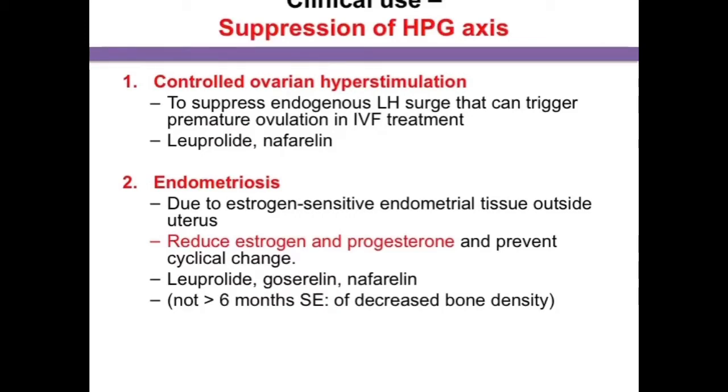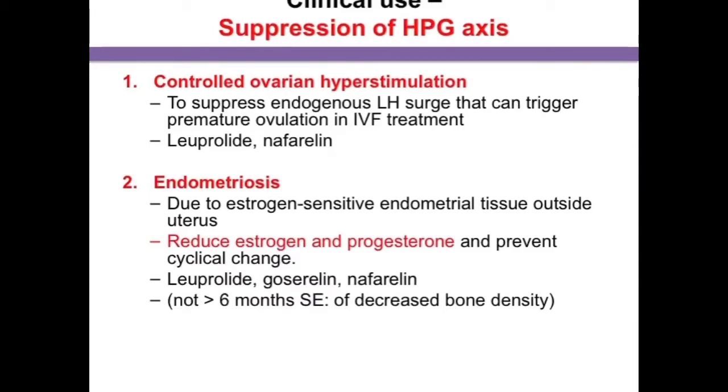Then in patients with endometriosis. Now, endometriosis is due to estrogen-sensitive endometrial tissue, which is outside of the uterus. GnRH analogs are used to reduce estrogen and progesterone and prevent the cyclical change. The agents used are usually leuprolide, goserelin, and nafarelin.